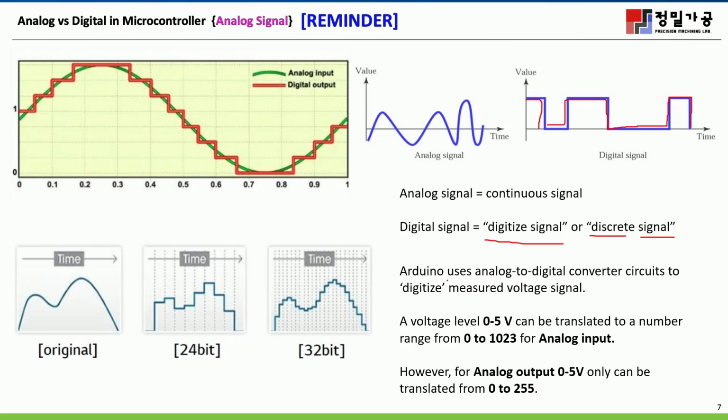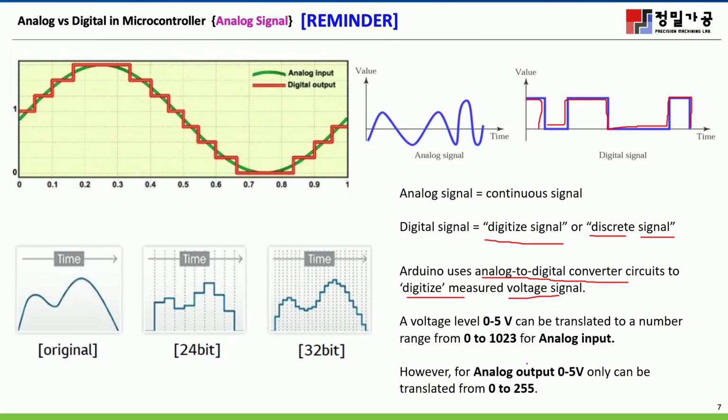So the Arduino usually using analog to digital converter or ADC to digitize this signal, to measure how much value of the analog input signal.